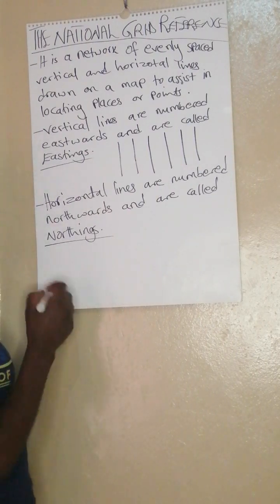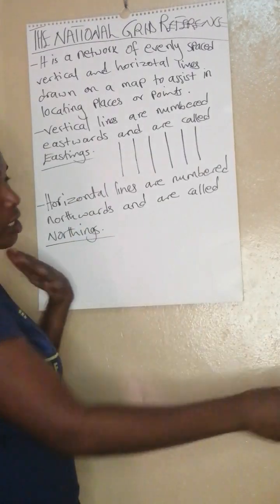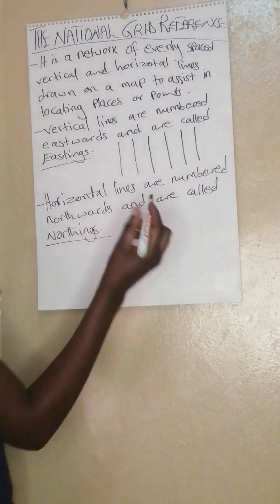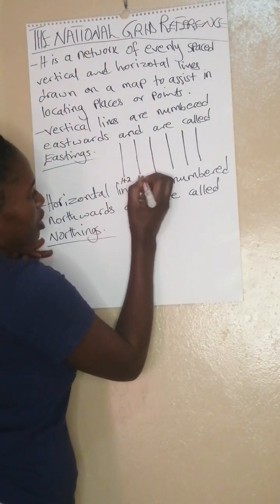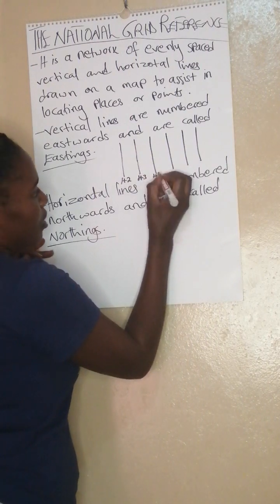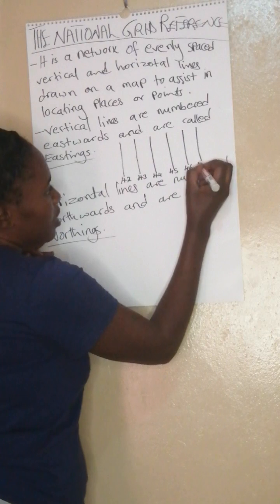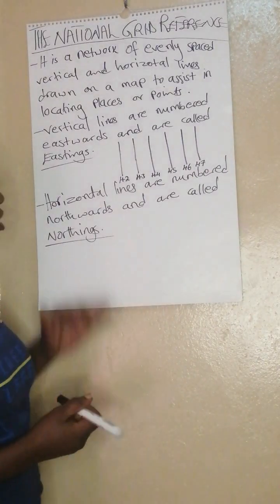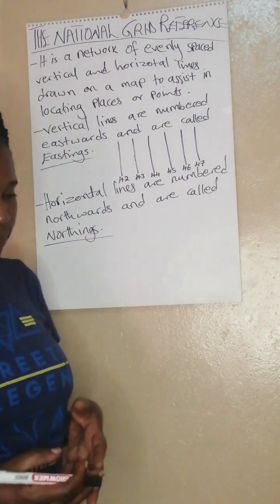The numbers start from this side going to the right. That's what we mean by numbered eastwards. So if this is line 42, then this can be line 43, 44, 45, 46, and 47. They are numbered eastwards, therefore we call them eastings.